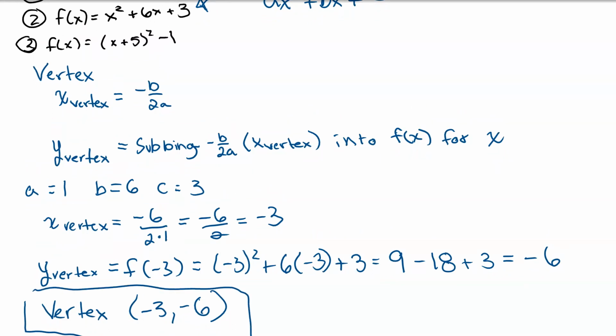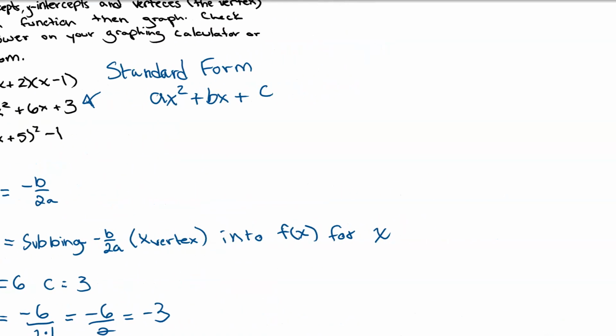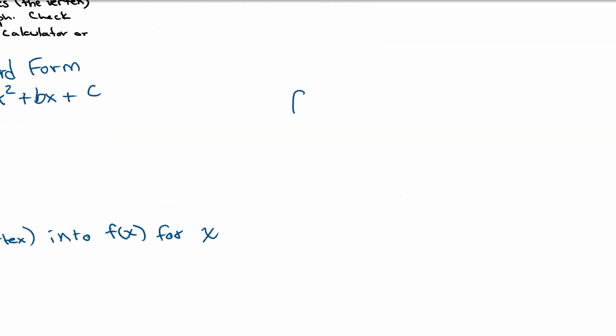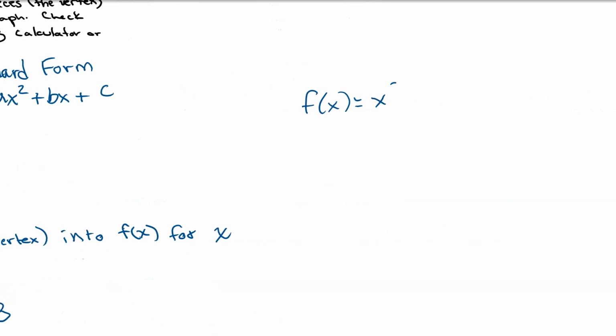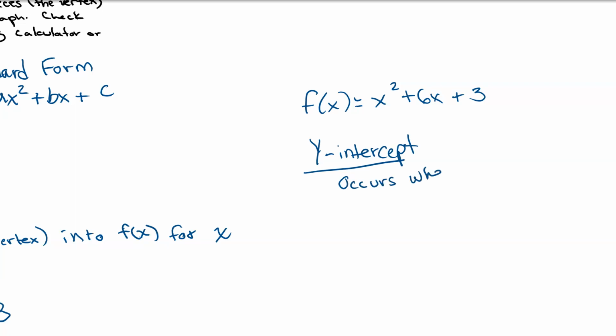Now we need our y-intercepts and our x-intercepts. So then just write the equation over here again for us. Of course I can't remember it offhand. x squared plus 6x plus 3. So y-intercept, this guy occurs when x equals 0.